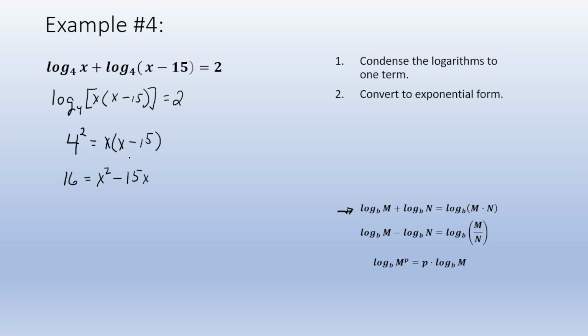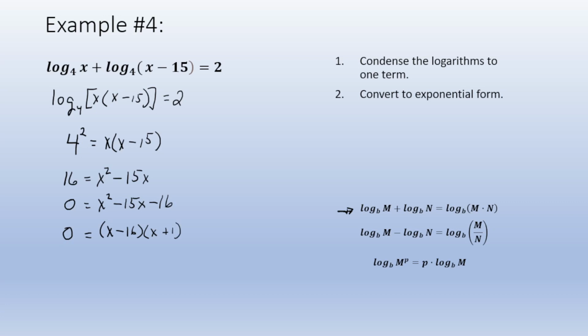This is indeed a quadratic equation. Move all the terms over to one side. We'll subtract 16 from both sides, which gives us 0 equals x squared minus 15x minus 16. This quadratic expression is factorable. It factors as x minus 16 times x plus 1.